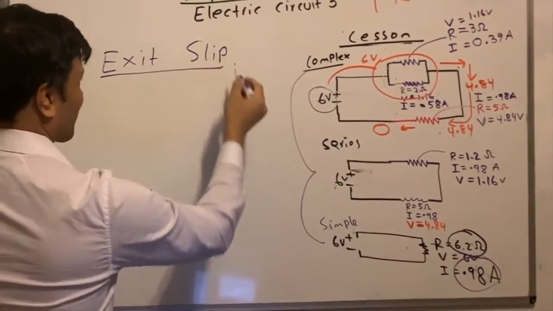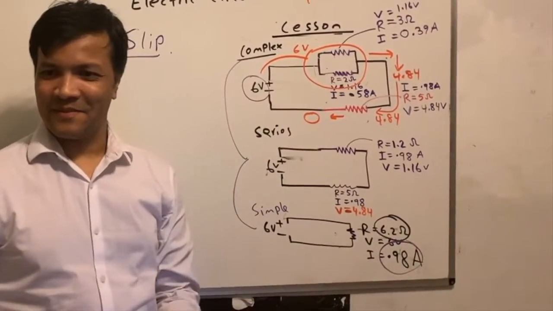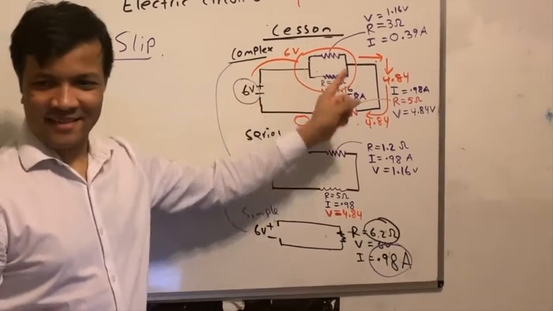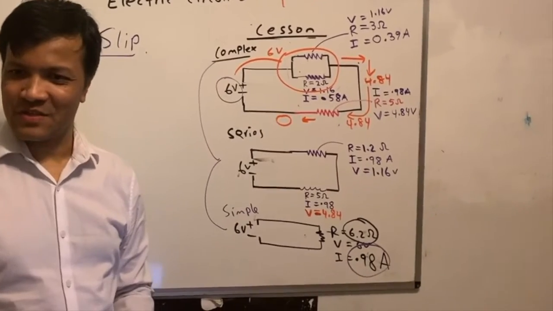Alright, now, how many resistors do we have in parallel? 2. If we keep adding, in addition to these two, 3 and 2, right?